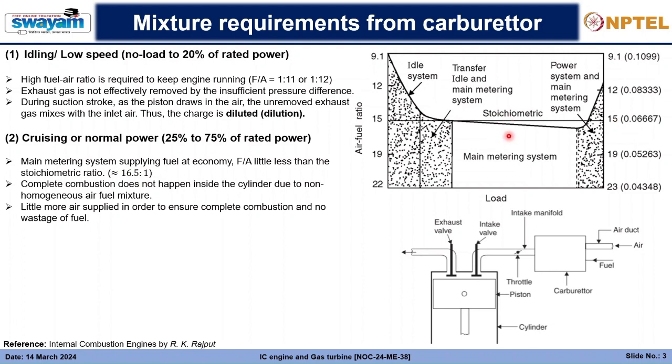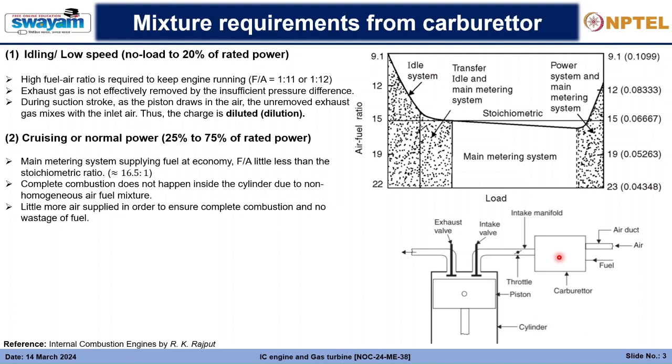And why below? Because complete combustion does not happen inside the cylinder due to the non-homogeneous air-fuel mixture. The carburetor, sometimes at these load conditions, is not able to completely make a homogeneous mixture of fuel and air. In that condition, since air is not available in a homogeneous manner, the combustion may not be complete.